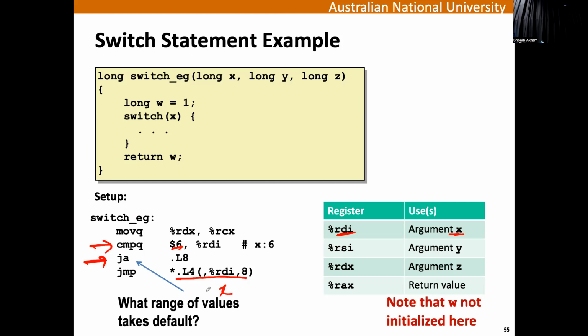What is this addressing mode trying to compute? What is in RDI? x, right? What is 8? The scaling factor. So in parentheses, what do I get? x multiplied by 8.